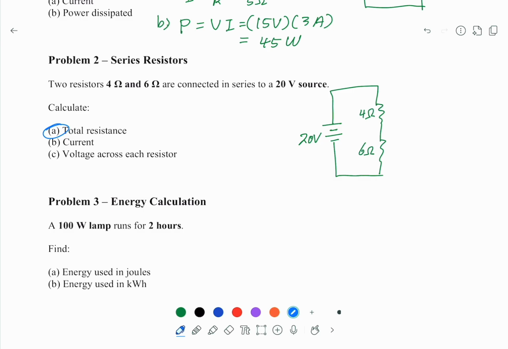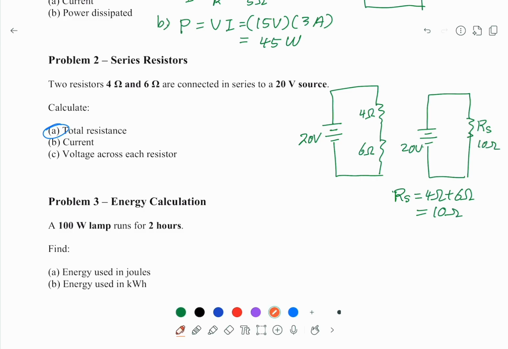Because the two resistors are connected in series, this circuit is equivalent to this simple circuit, and we call this RS, the equivalent resistance for two resistors connected in series. And RS is just the sum of the two resistors. They are connected in series, so it's 10 ohm.